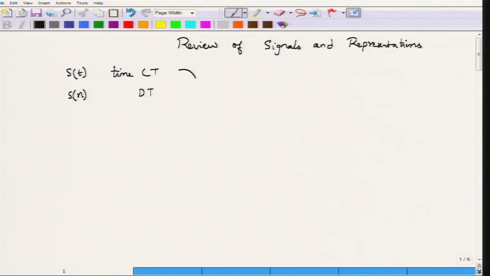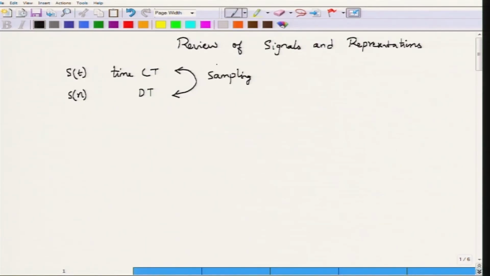Now, there is a relationship between these two signals, in the sense that if S of t satisfies certain conditions, then it is possible for us to represent S of t not by measuring the value of S at all points t, but by measuring the value of S at certain time instants. Okay. In other words, I can go from the S of t representation to its discrete time version by a process known as sampling.